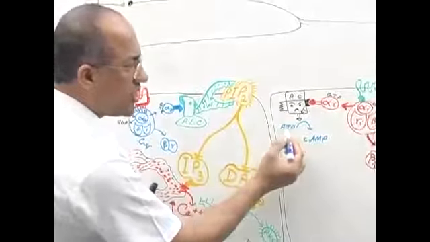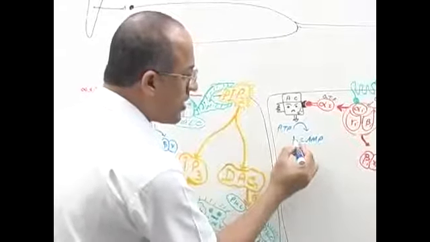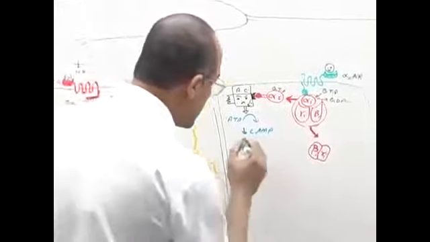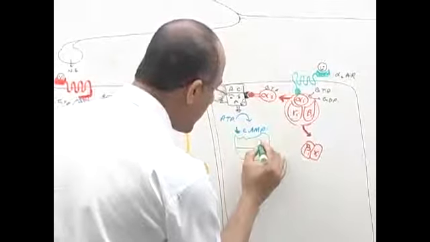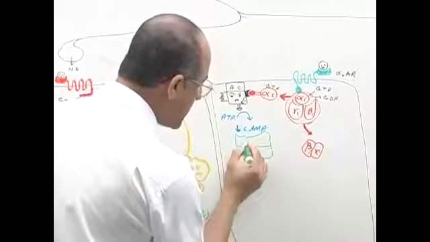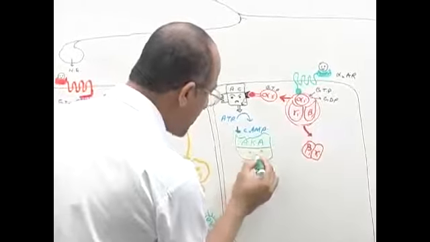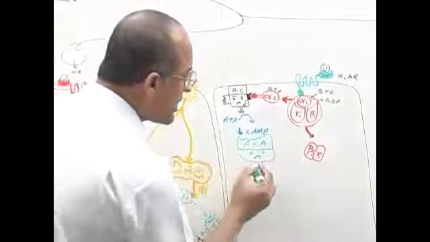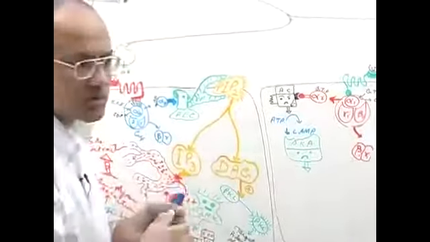So conversion of ATP into cyclic AMP is reduced. When there is reduced cyclic AMP, of course there is reduced activation of protein kinase A. Then protein kinase A normally phosphorylates target proteins.